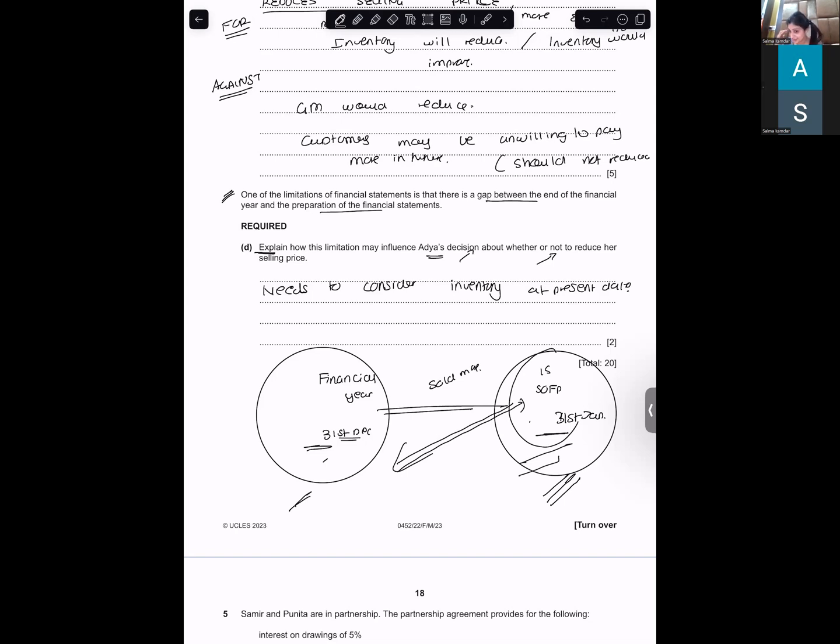So if she has to decide about changing the selling price, she needs to see her inventory at the current date and the profit made between these two dates. If she has not made many sales, she will have to reduce the selling price. If she has made many sales in this period, she does not need to change the selling price. So she needs to see the profit made since the end of the financial year.